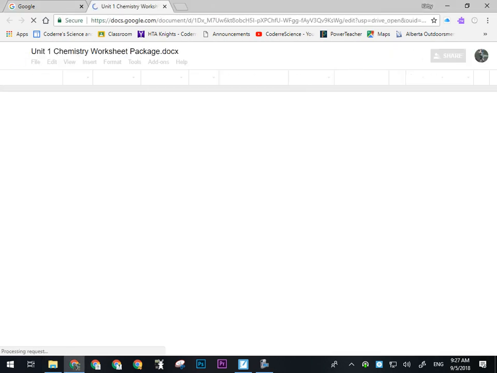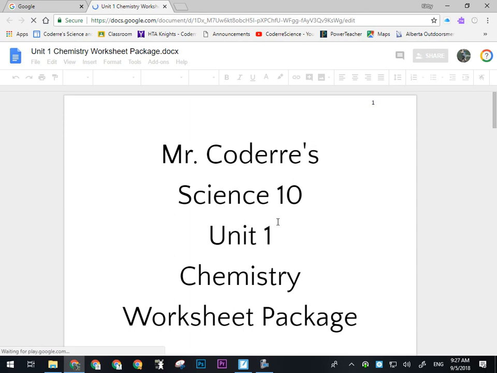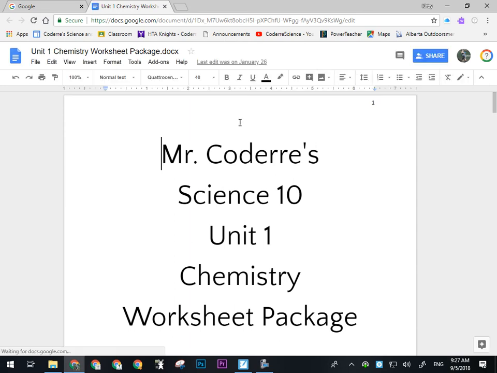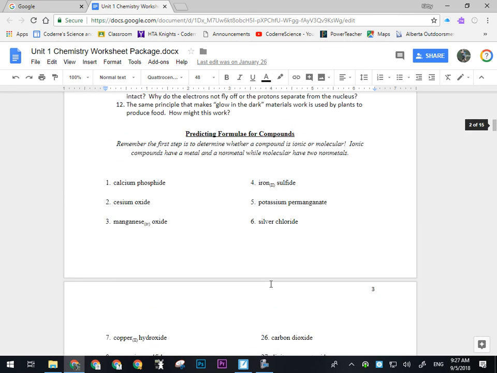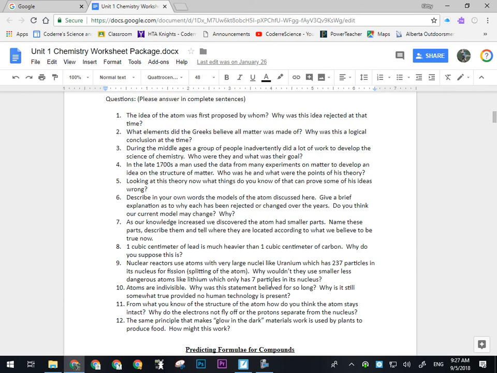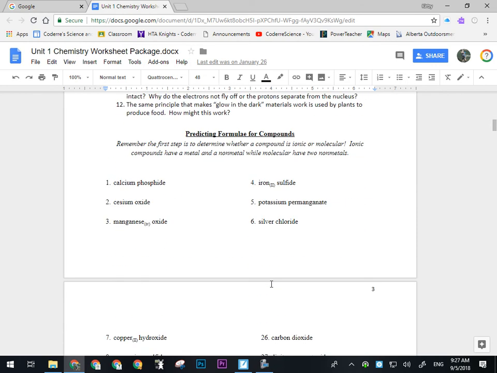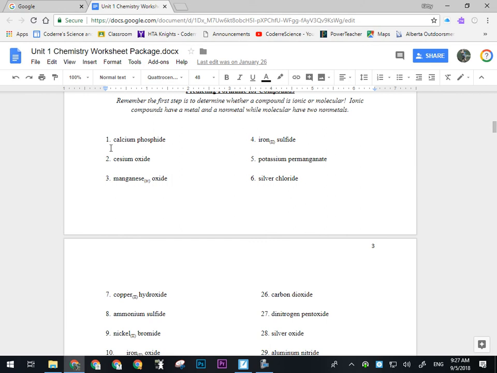We're probably not going to do all of them, but we're going to start and practice some of that here today. They start on page 2, right after the atom questions you did the other day, and you have some here where you need to write the names of these compounds.